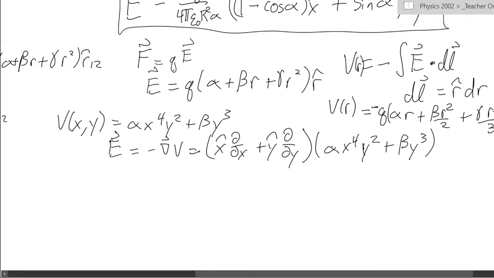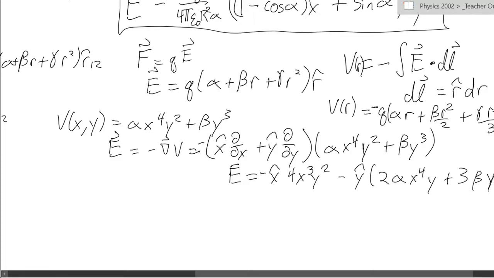Okay. Now, when we operate this negative gradient on this, what we're going to find is that the electric field E vector is going to be equal to X hat times negative 4 alpha X cubed Y squared, minus Y hat times 2 alpha X to the fourth Y plus 3 beta Y squared.